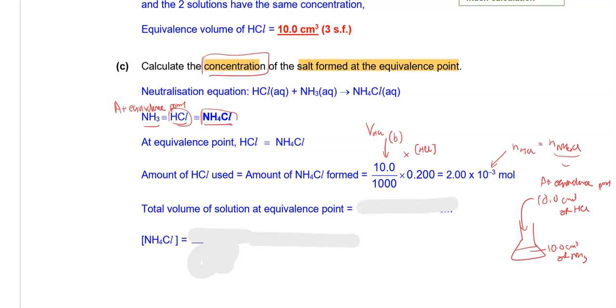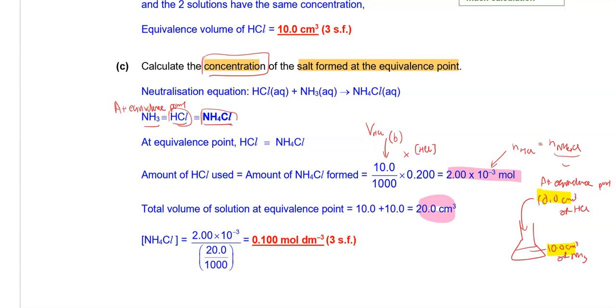So the total volume will be 10 plus 10, which equals 20 cm³. Therefore, to find the concentration, moles divided by volume, 20 cm³, converted to dm³, and you get 0.100 mol per dm³. Okay, that's the answer for C.